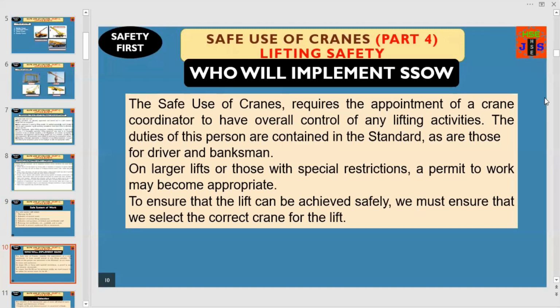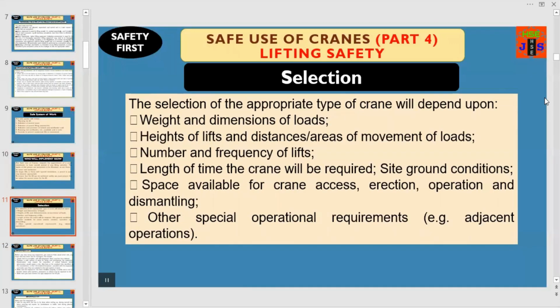To ensure that the lift can be achieved safely, we must ensure that we select the correct crane for the lift. Selection of the correct crane should be the number one priority if you are interested to maintain safe lifting operation at your workplaces.